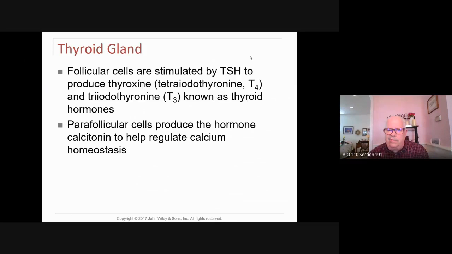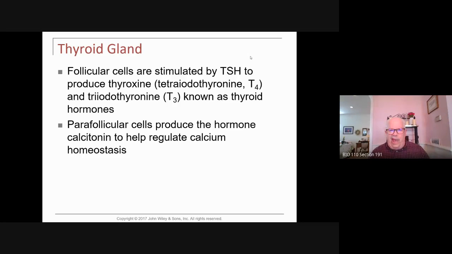It stimulates the follicular cells of the thyroid gland to produce thyroxine and triiodothyronine, otherwise known as T4 and T3. These are your thyroid hormones, and they're produced by the follicular cells. That is the main hormone that comes from the follicular cells of the thyroid gland, T3 and T4.